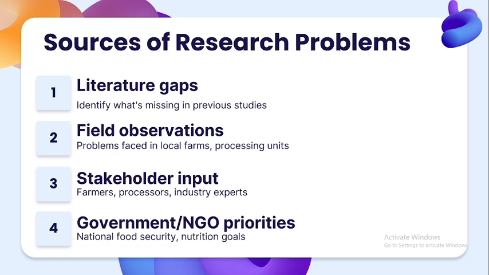Their seed is of very good quality and expensive, but it gets wasted before it could reach the sowing stage. So this is the problem you saw in your local visit, and then you address it in your research. This is the second source of research problem.